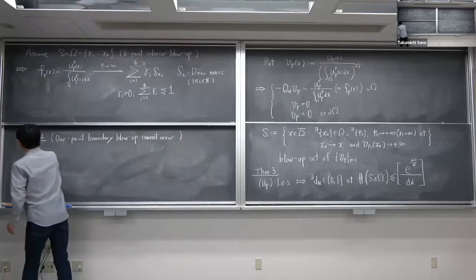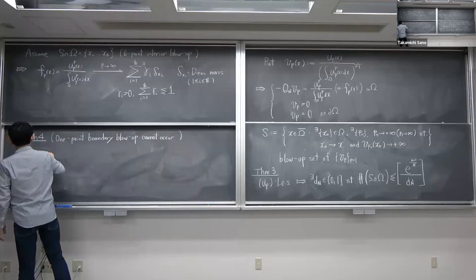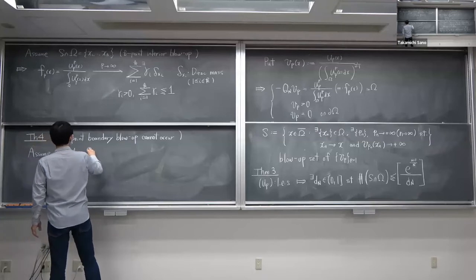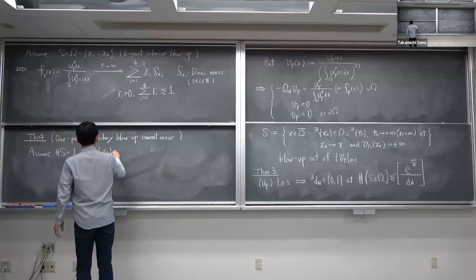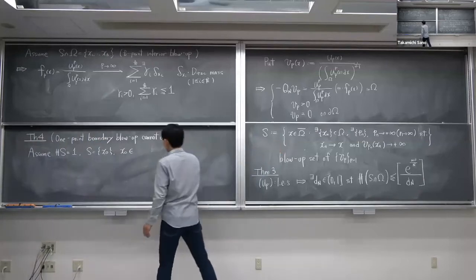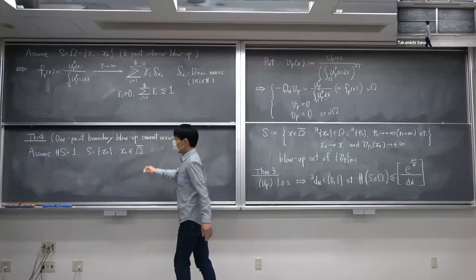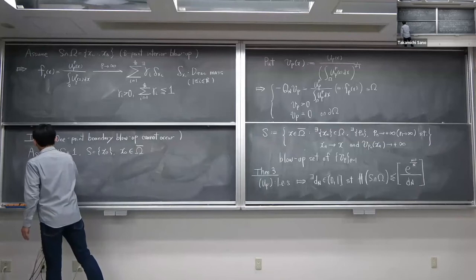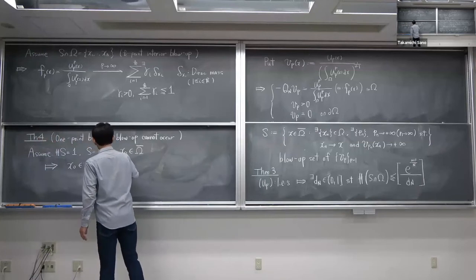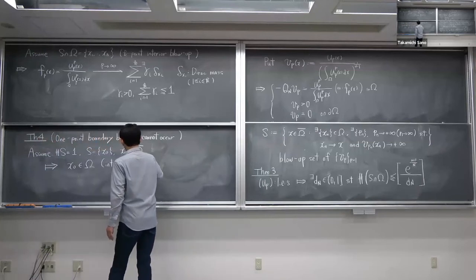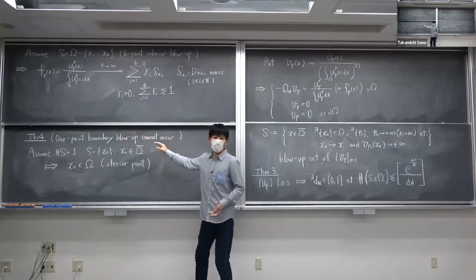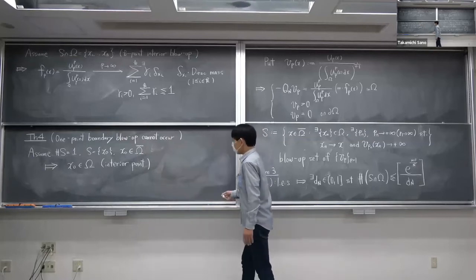Assume the cardinality of S is equal to 1, and S equals {x0}. And by definition, S is a set of points in the closure, omega bar. Then we get that actually x0 is in omega, an interior point. So the one-point blow-up set cannot be located on the boundary of omega. This is Theorem 4.